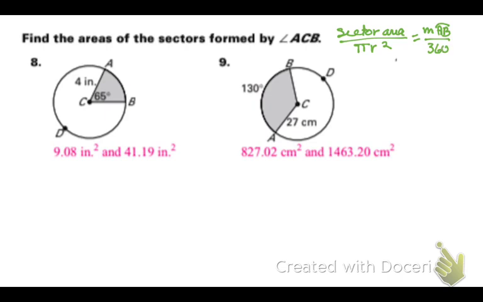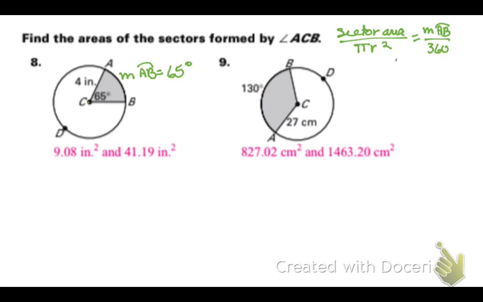Okay, there's our formula. So what are we given? Given that C here is a central angle and it's 65 degrees, we know that the measure of AB is also equal to 65 degrees.